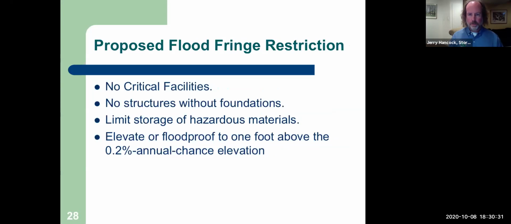We're proposing within the flood fringe that we restrict critical facilities, say we're not going to build any critical facilities, no structures without foundations, limit storage, and then require elevation to go 1 foot higher to be 1 foot above the 0.2% annual chance instead of the 1%.